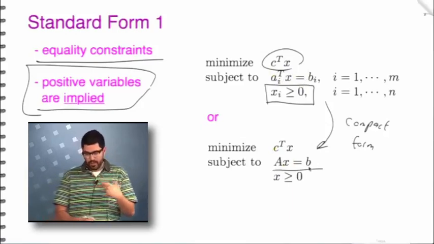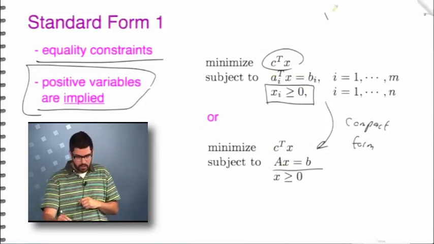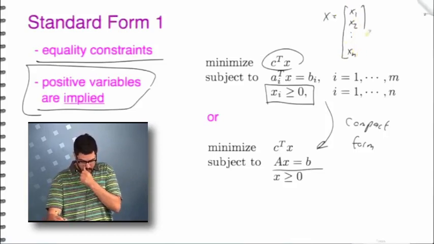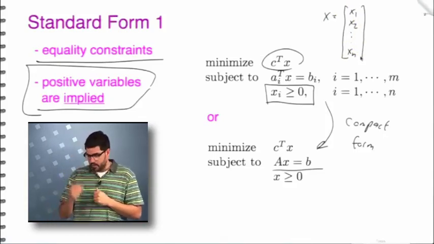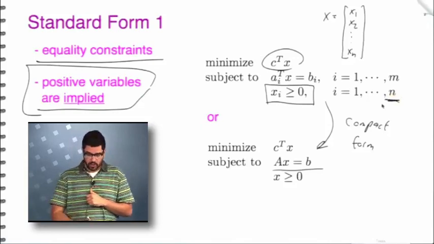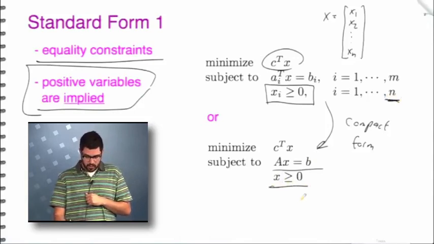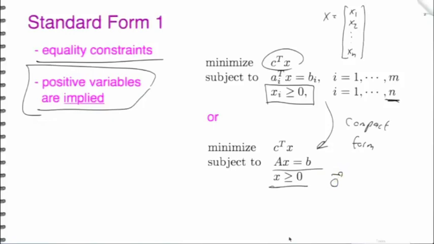First, let's define x. x is the vector x1, x2, ..., xn. I'm assuming there are n variables, as was shown here. So when I come down here and say x is greater than or equal to 0, this is really a 0 vector: x1 is greater than or equal to 0, x2 is greater than or equal to 0, and so on. Now, let me define what A would be.